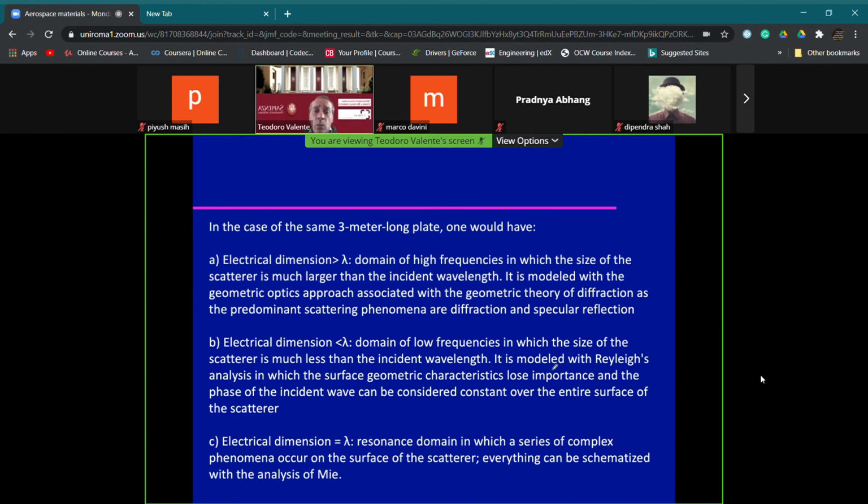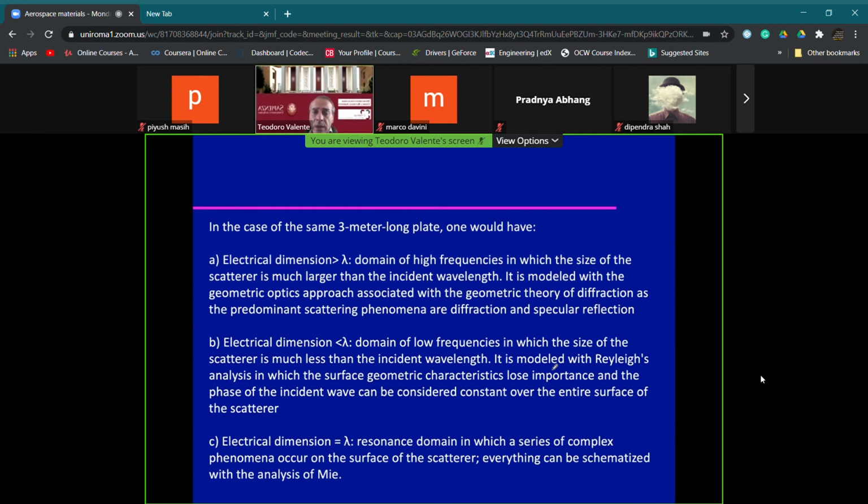In the case in which the electrical dimension is lower than the wavelength of the beam, this is the domain of low frequencies, whose models are based on Rayleigh analysis.